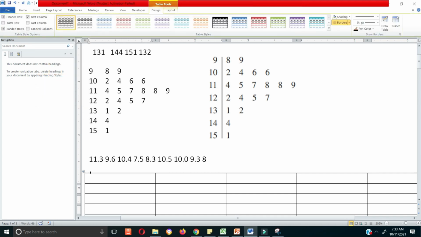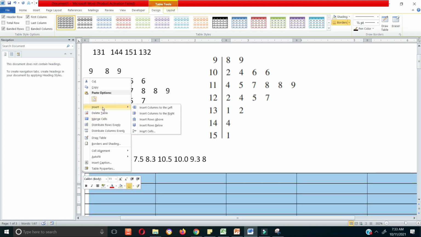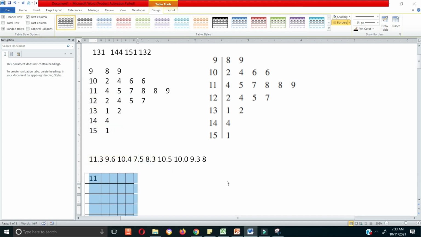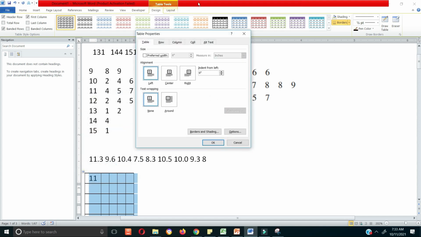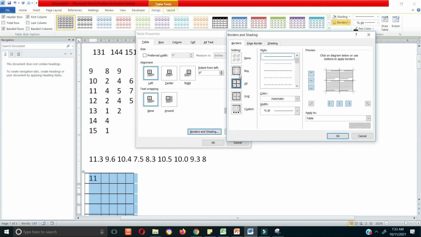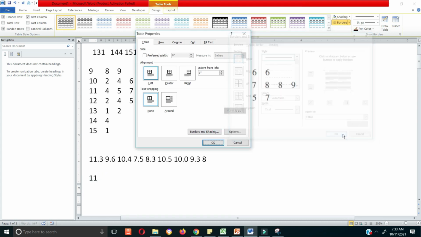So like I said, this is just so that my data is aligned properly. But if you're doing this by hand, of course you don't need to. So let me just put in the table to make sure my data is aligned. Let me just get rid of the borders because I don't really need them. So you have the 11.